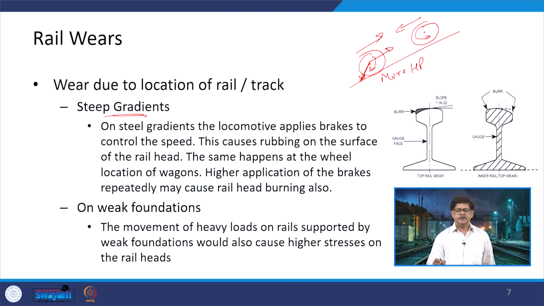Another problem is when you are talking about a movement in the downward direction on a steep gradient, which is being defined by an angle theta here. The problem is with respect to the speed, there is a gain. Whatever weight is acting here in the downward direction, it will have a component here as well as a component here, and this component creates momentum, and we have to control the speed.